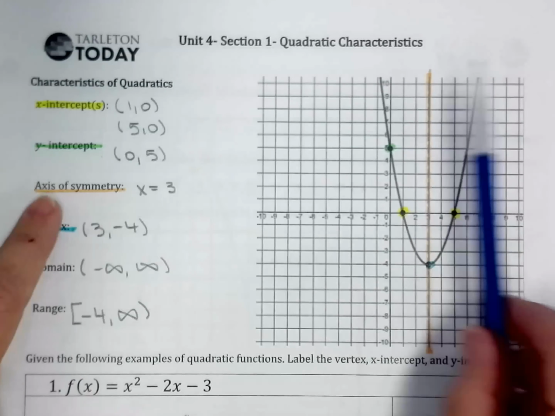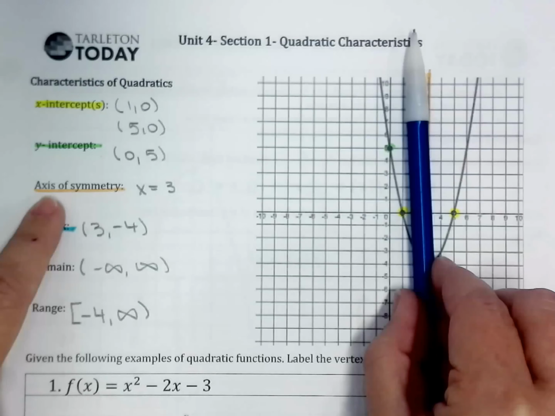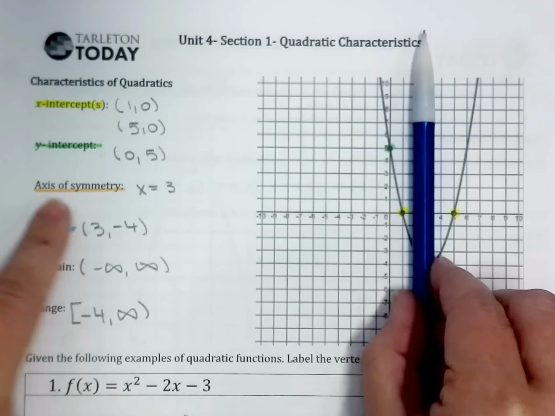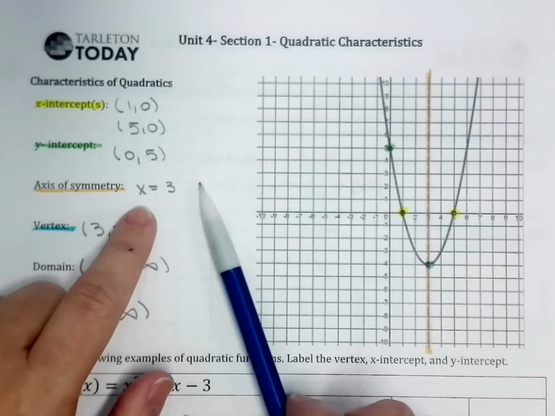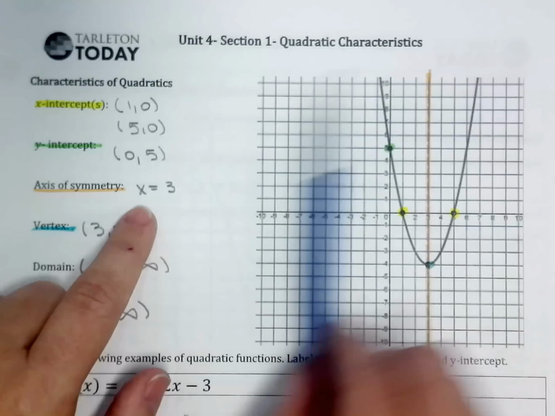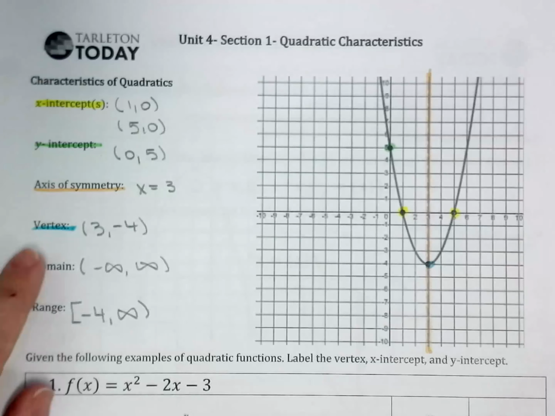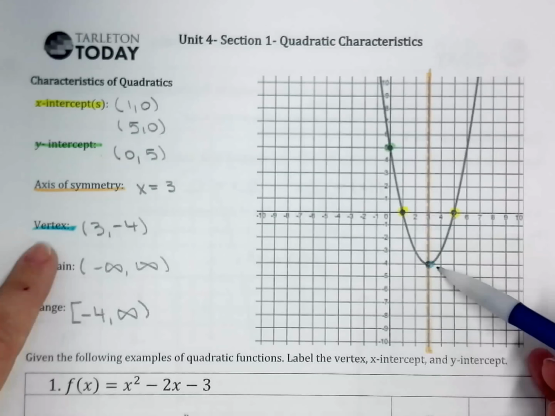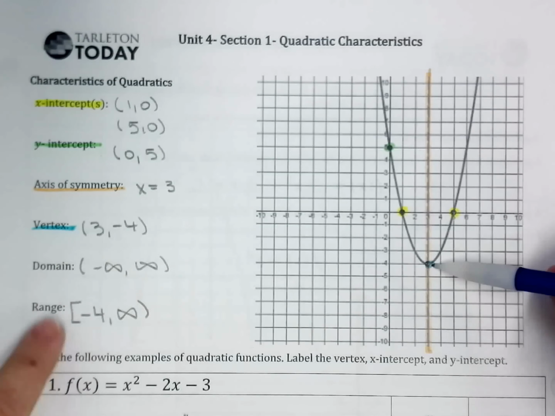The axis of symmetry, we just talked about it on the previous page, is the vertical line. In this case, it's the line that cuts the parabola in half. So because it's a vertical line, it's going to be x equals, not a point, it's a line. So it's x equals 3 in this case. The vertex is that point right there, that point where it changes direction. So that point right there, 3, -4.